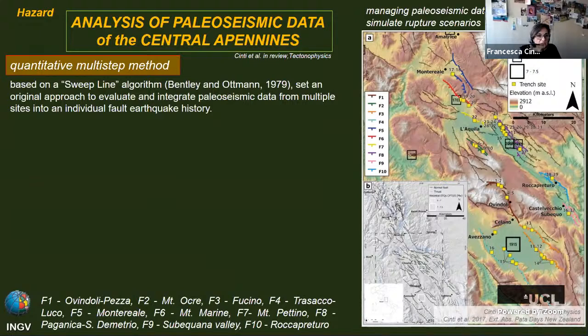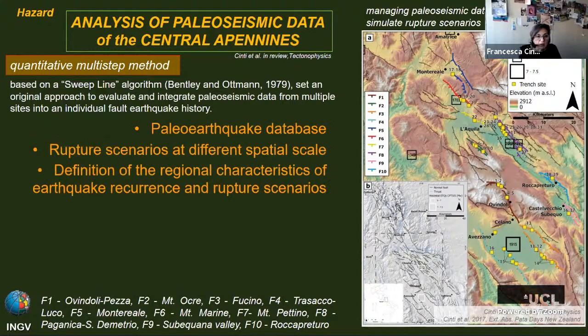So we apply a quantitative multi-step method based on a sweep line algorithm, an original approach to evaluate and integrate palaeoseismic data from multiple sites into an individual fault earthquake history. The products are a paleo earthquake database and rupture scenarios at different spatial scales, at the scale of the fault and fault system, and define the regional characteristics of earthquake recurrence or rupture scenarios.